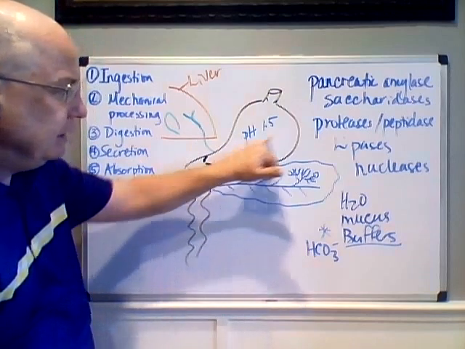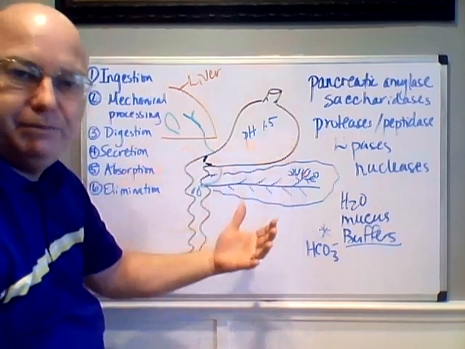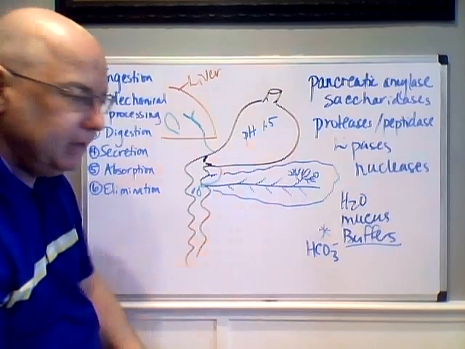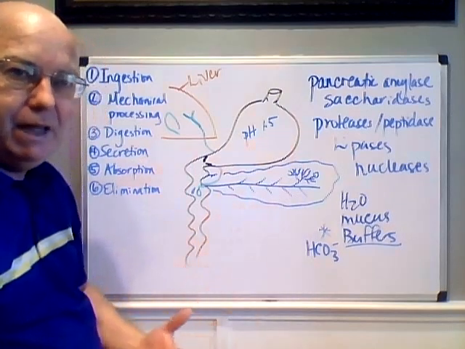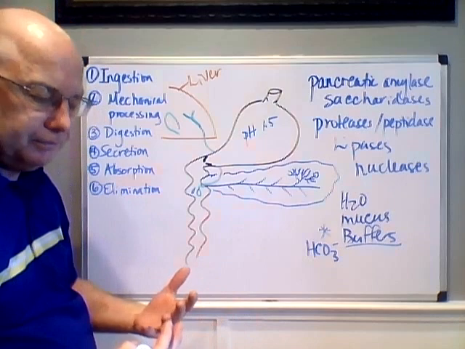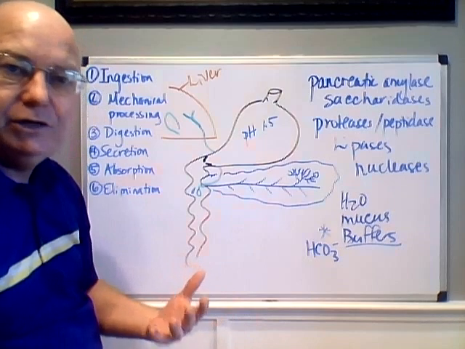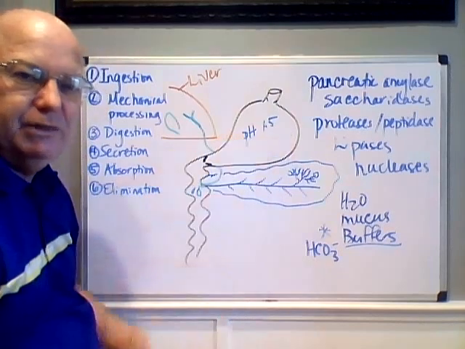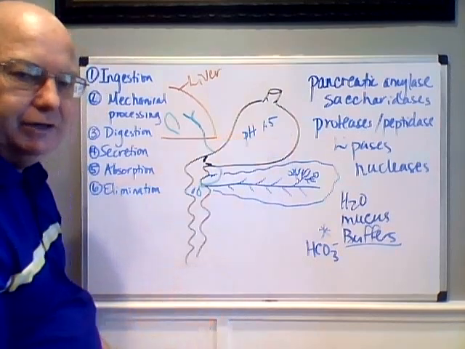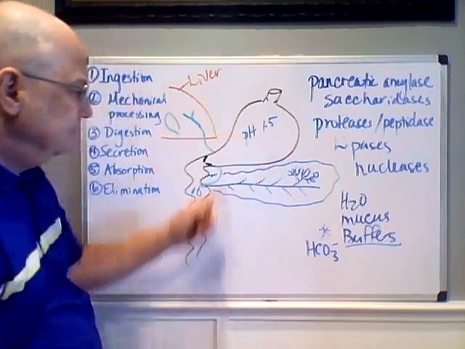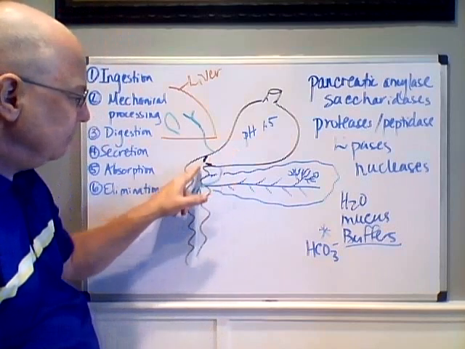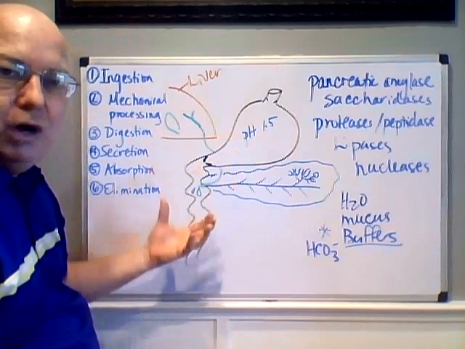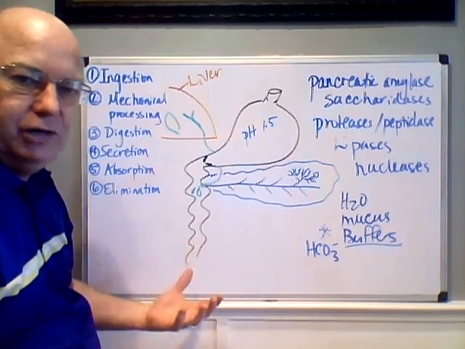If that stomach acid eats holes in the stomach, you get what's called a peptic ulcer or gastric ulcer. That is aided and abetted by the bacteria called Helicobacter pylori, and they also help eat holes in there, but they need acid to help them out. And if the acid is dumped all the way down into the duodenum, you get duodenal ulcers if it's not neutralized.